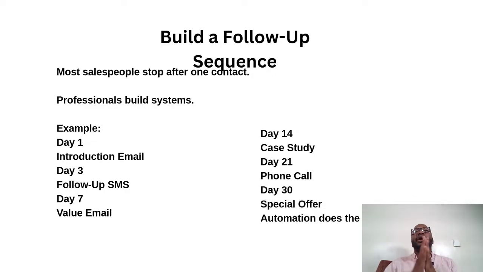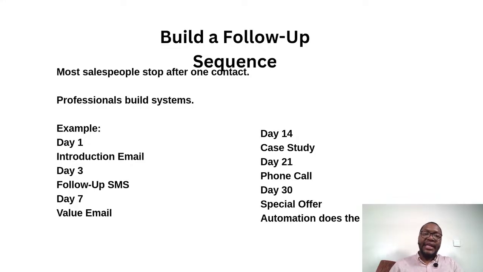Now that you've understood what tags are, we're going to go into building a follow-up sequence. Remember, we've said in the first 30 days you're going to get about a 10% close rate.